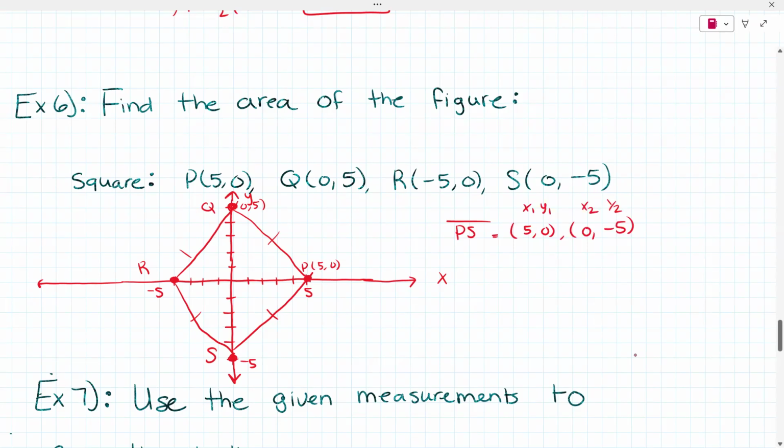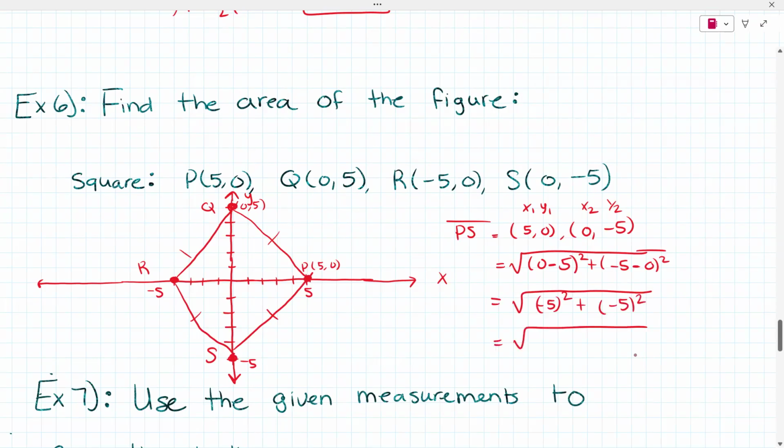My distance is going to be x2, which is 0, minus x1, which is 5, squared, plus y2, which is negative 5, minus y1, which is 0, squared. 0 minus 5 is negative 5 squared, plus negative 5 minus 0 is negative 5 squared. Negative 5 squared is 25, plus negative 5 squared is also 25.